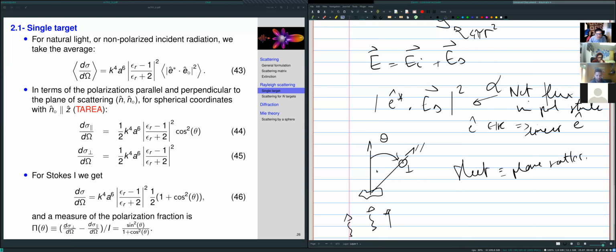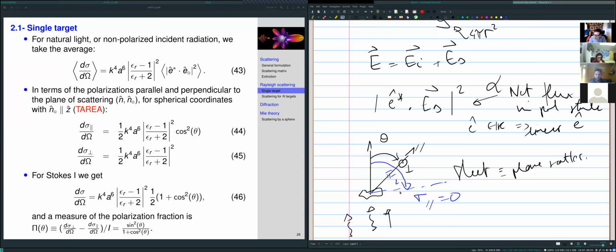And what this is saying, it's interesting to see that when cos theta is 0, meaning when theta is 90 degrees, pi half, then the parallel scattering cross section is 0. So that's interesting.